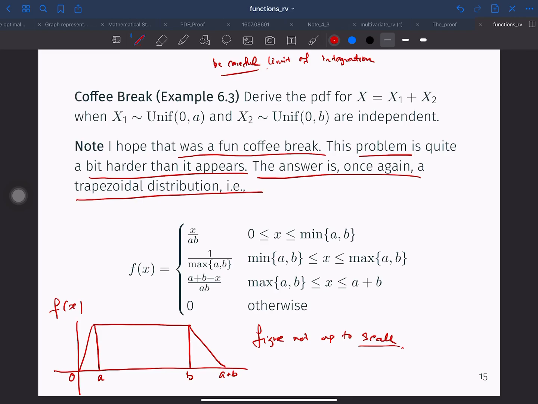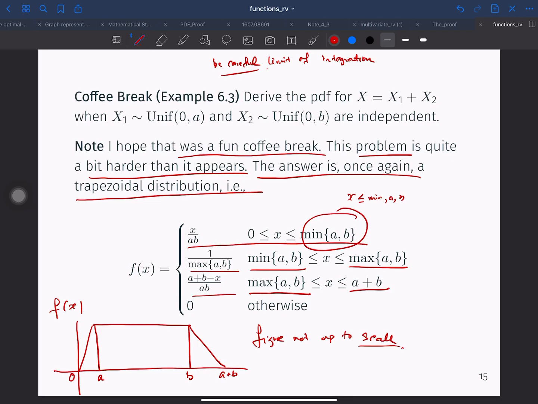And you can derive that it is given by this. So once again, that's why I said, be careful with the limits of integration. You should consider three cases: for when x is less than the minimum of a and b, for when x is between the minimum and the maximum, and for when x is bigger than the maximum, up to the maximum possible value, a plus b.